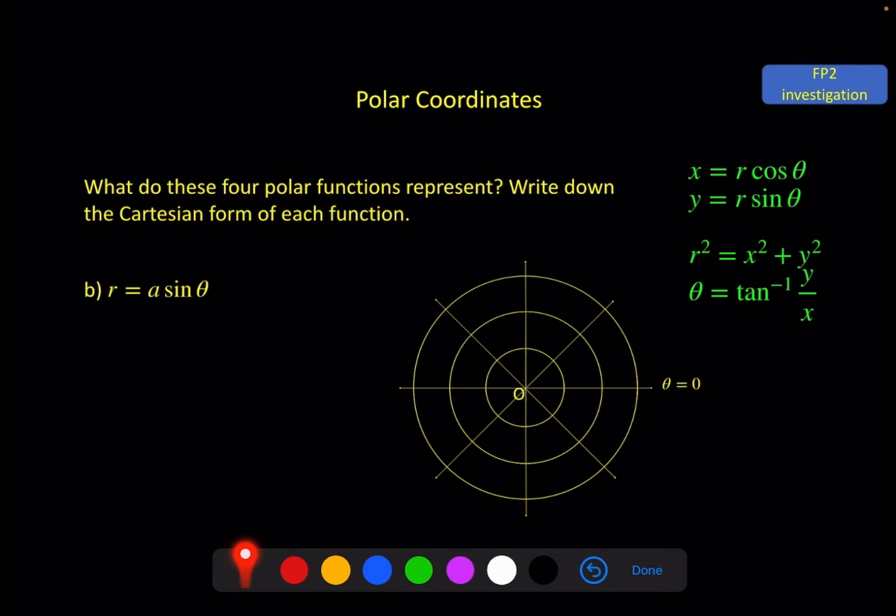Our second one, r equals a sine theta. You can probably see where this is going to go. We've got everything multiplied by r to give r squared there, and r sine theta here. So again, we've got x squared plus y squared on the left, a times y this time on the right. And we're going to do the same thing. Take that over here and complete the square.